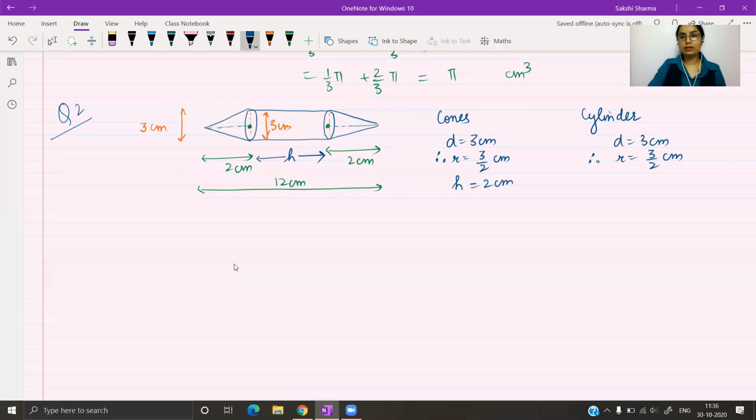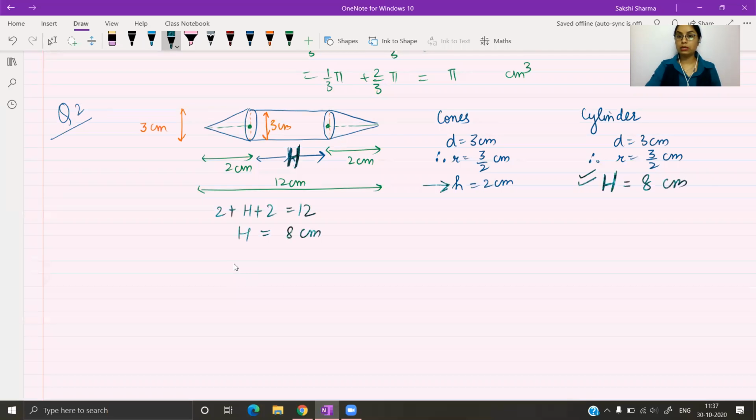All right. I would like to change a thing here. If you can realize, I am using height of the cone and height of the cylinder, and these are different. So I'm going to use a different variable here. I'm going to represent the height of the cylinder with capital H. So from the observation of this model, the height of the cylinder comes out to be 8 centimeters. So please mark this.